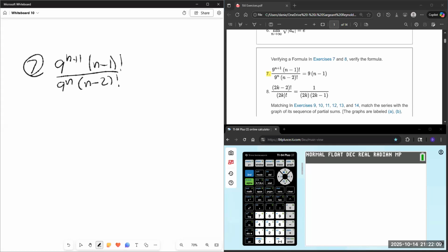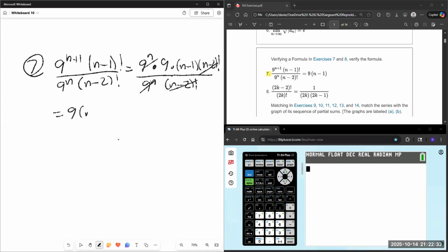Well, this is 9^n times 9, and this is (n-1) times (n-2) factorial. So the 9^n and the (n-2) factorial will cancel and leave me with 9 times (n-1), which is exactly what the right-hand side says it should be. So that's good.